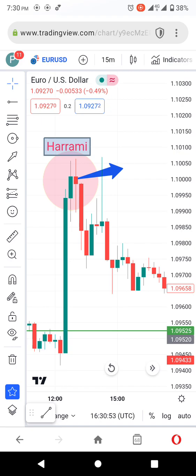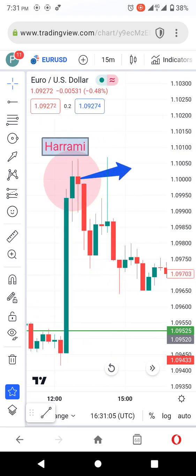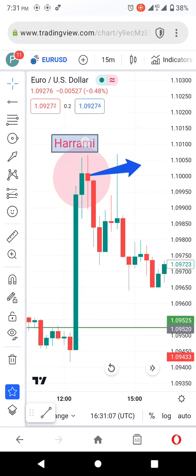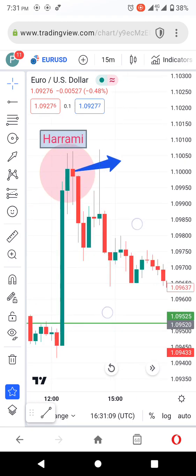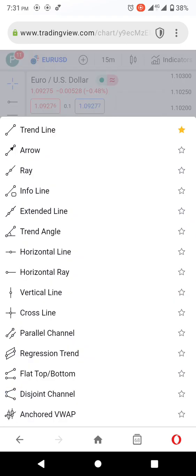You can see the buy candlestick is larger than the smaller candlestick, and then the following candlestick is a larger one. So that is an indication that the market might reverse, and this candlestick pattern that formed here is called Harami. Then we have to find out the entries, so that we enter the entries, then we download this money.